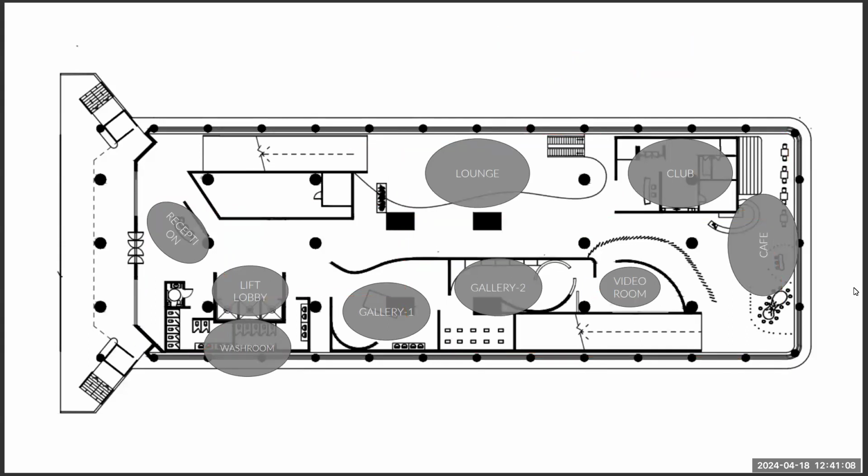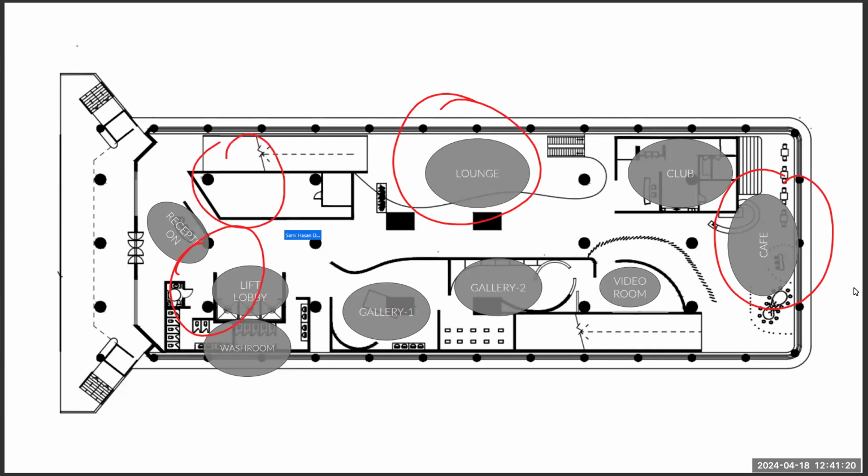And another very important thing in programming is the priority. Why did you put the cafe over there? Why did you put the lounge over here? Why not the lounge here? Why not the cafe here? Understand the logic of that, how you organize things in the bubble diagrams. Okay. And also the strategy.